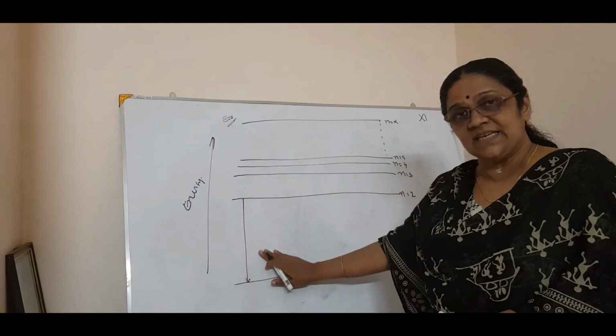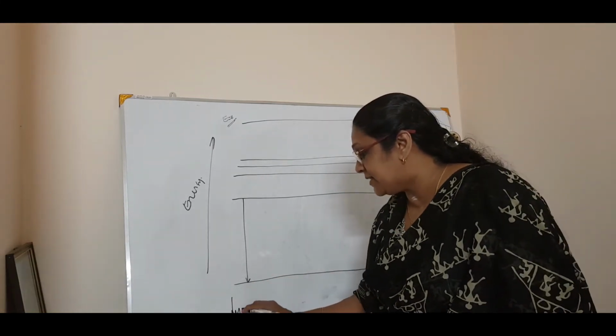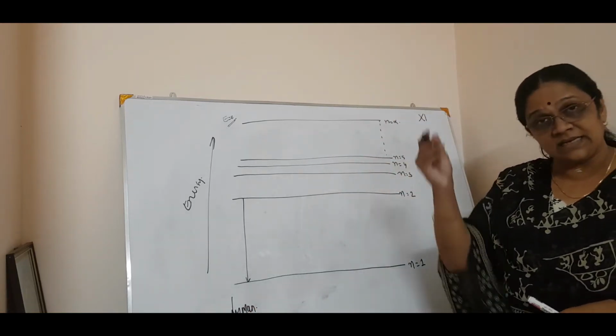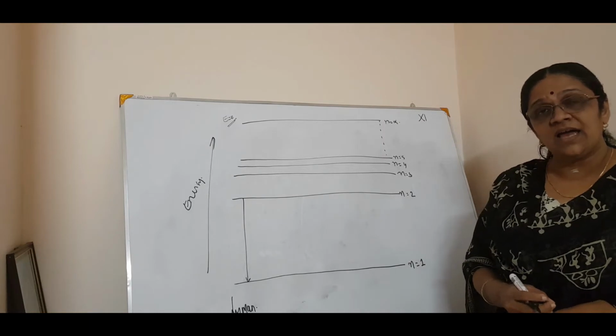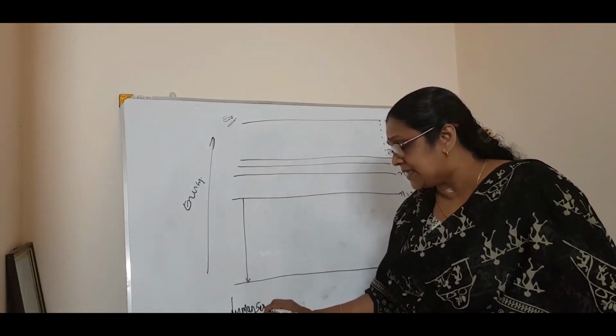A scientist called Lyman discovered these lines of the hydrogen spectra, and it was named after him, so it is called the Lyman series.